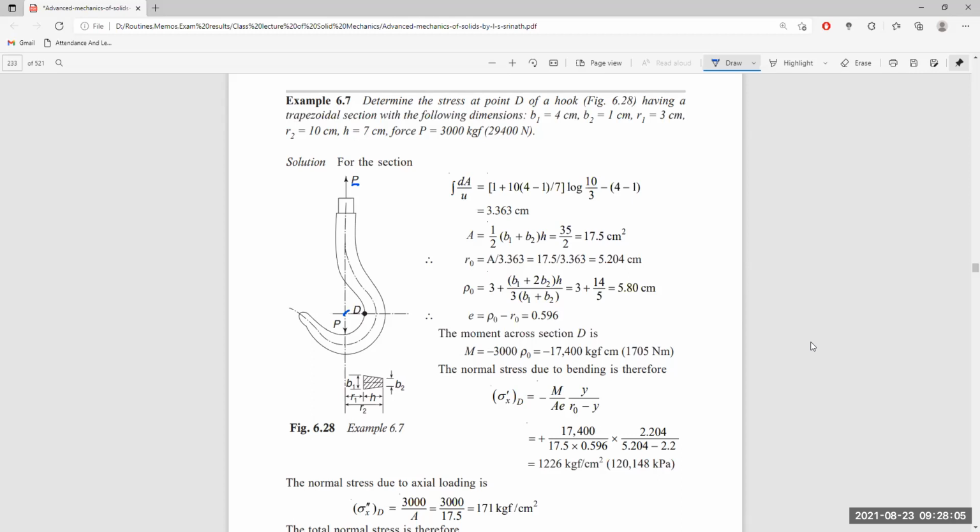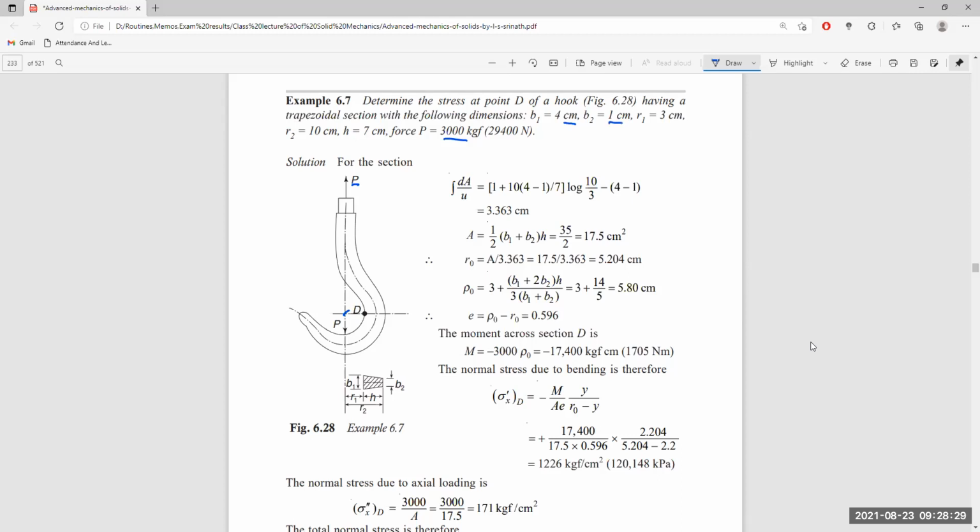This external load is given as 300 kgf, and the cross section of the beam is trapezoidal in nature. The bigger side B1 is given as 4 centimeter. The smaller side B2 is given as 1 centimeter.